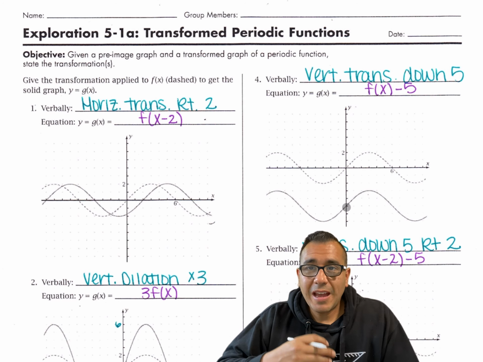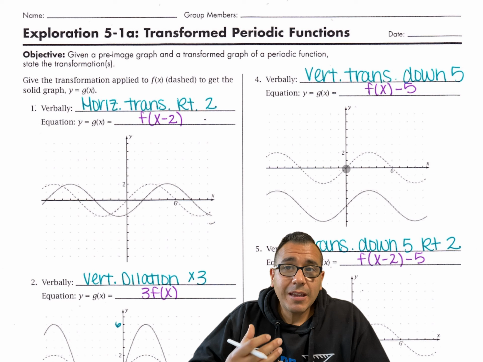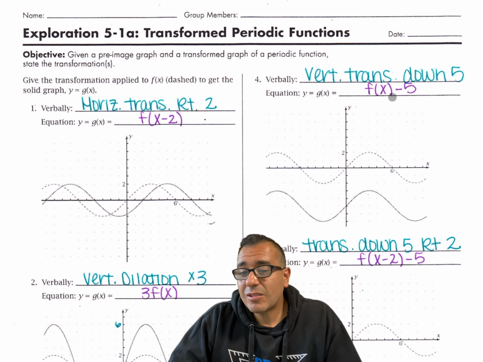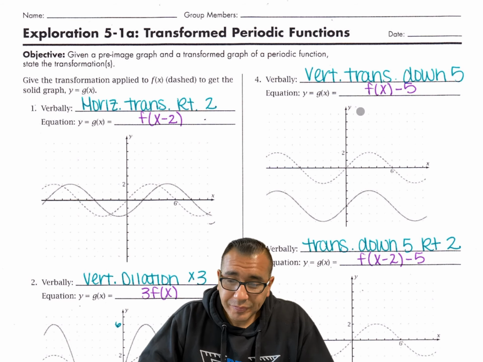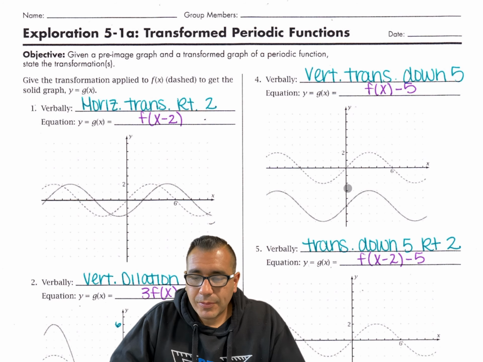Because you had your original height, which is f of x, and you dropped that height by 5 units, that's why we subtracted 5. So vertically, it got shifted 5 units. All right, so that one is pretty nice.